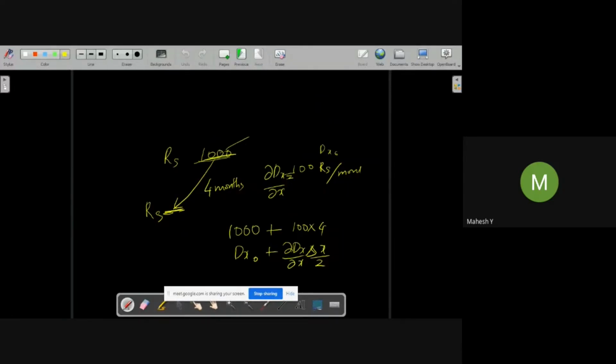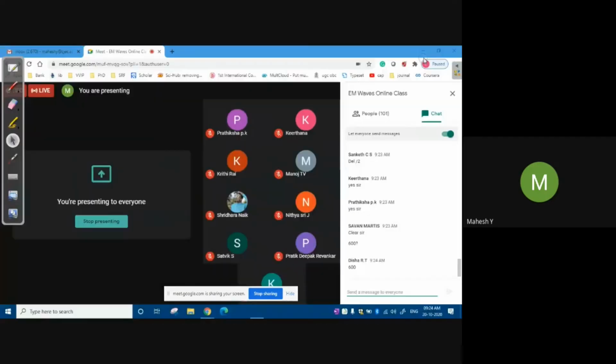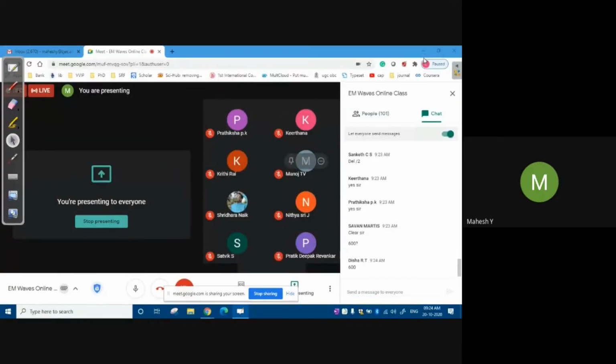Similarly, can you tell me what will be my amount 4 months before, if I have 1,000 rupees now? How much will it be? 600.